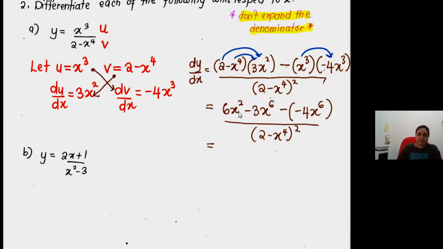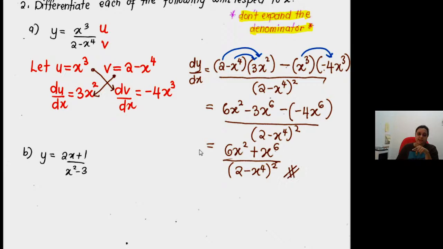Okay, the top one, 6x squared. Copy back 6x squared. Negative 3, minus minus is plus, plus 4. So we will get plus x to the power of 6, over (2 minus x to the power of 4) to the power of 2.